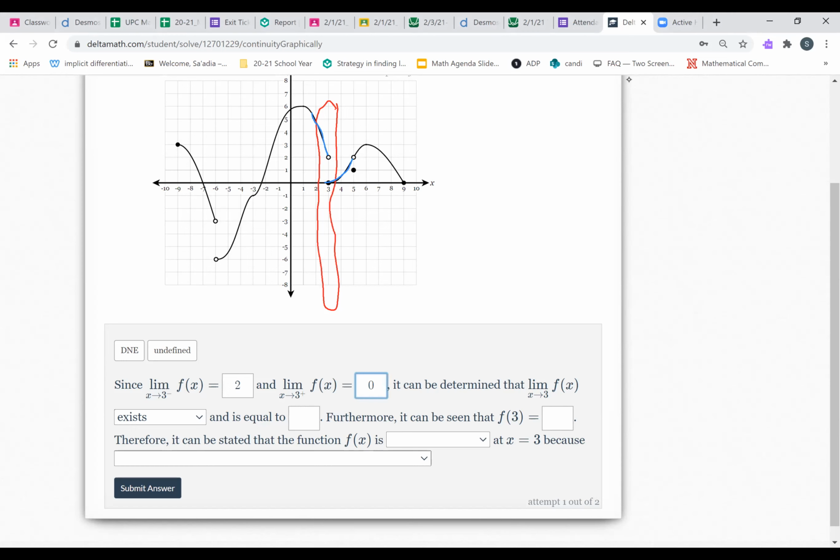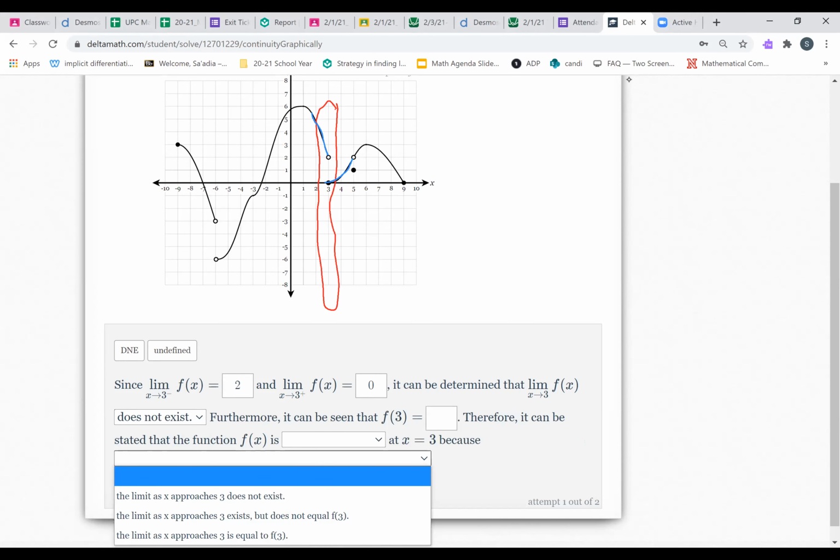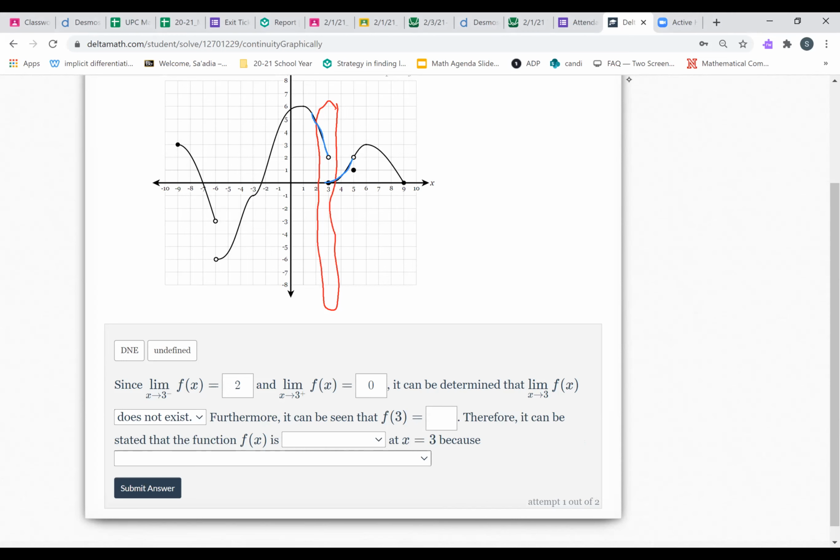So what that says is my left and my right are not the same. Because my left and my right are not the same, my limit does not exist. And now let's look for my y value when x equals 3. Remember, for f of 3, you want the closed circle, which in equation land is the or equal to.